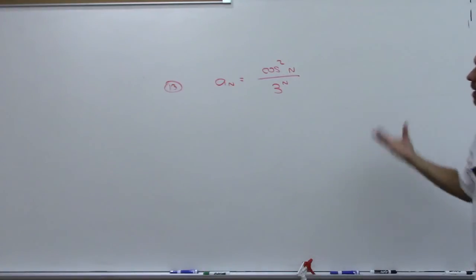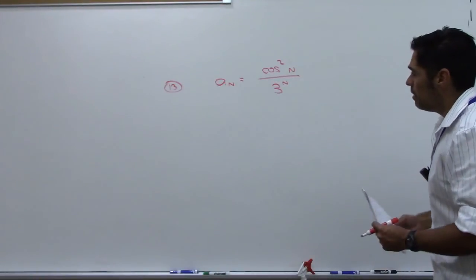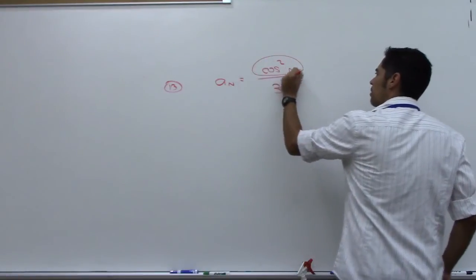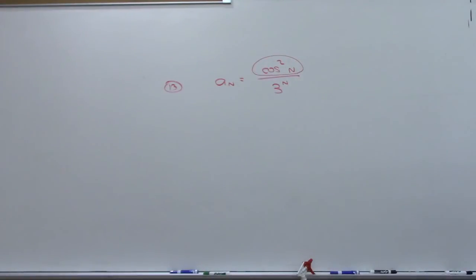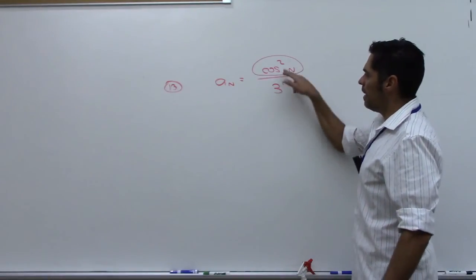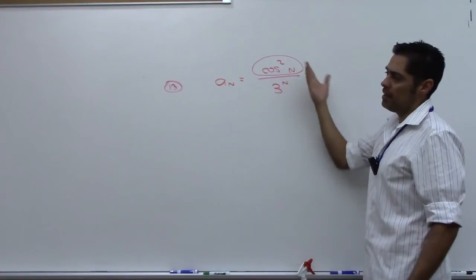So maybe that somehow counteracts this one's crazy up and down behavior. Well, that's exactly what happens. So I'm going to point out to you, remember that cosine is a bounded function. Cosine is always between -1 and 1. The fact that you square it means that it's always between 0 and 1, right? You square anything, it can't be negative.